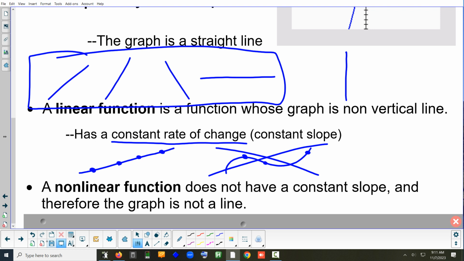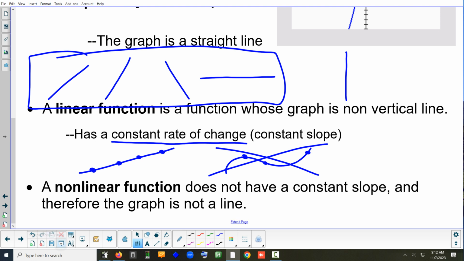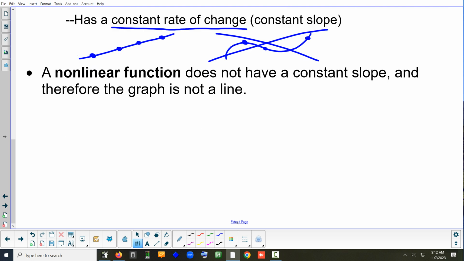Okay, so for a nonlinear function, all you have to do is write in the words nonlinear function does not have a constant slope. So what does that mean? Anything that curves doesn't have a constant slope. Anything like that.